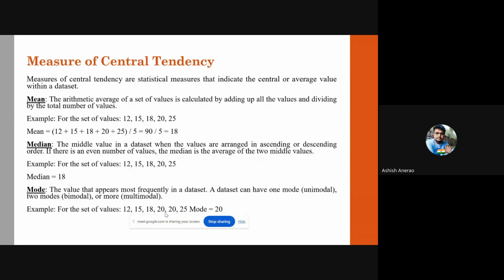So mode calculates the maximum frequent value. Means suppose people purchase size 8 shoes maximum times, or size 9 shoes maximum times, then mode is 9, okay. So center of that data is 9.